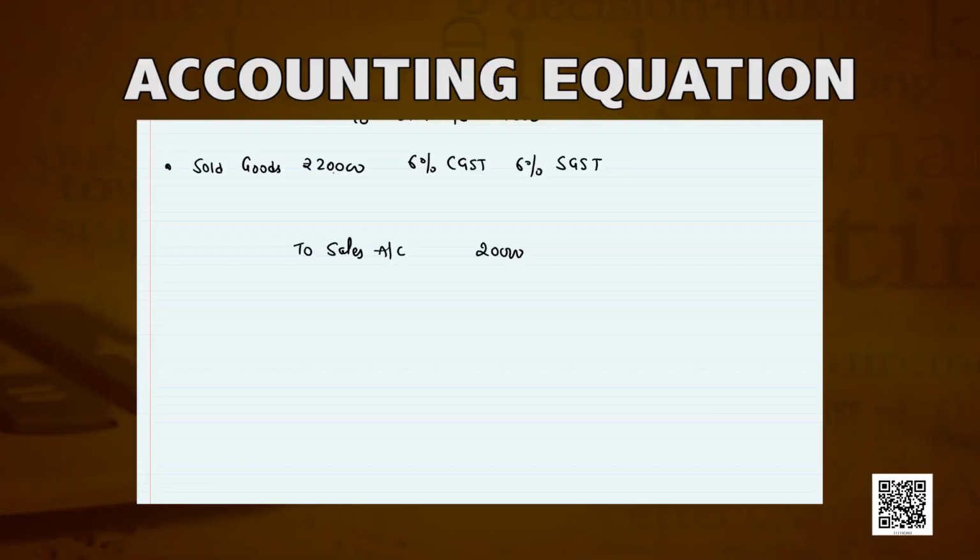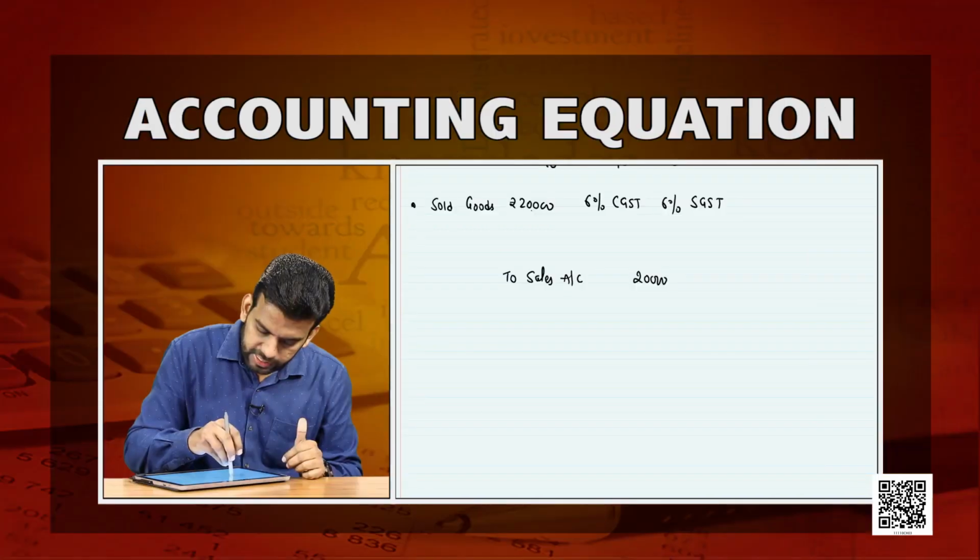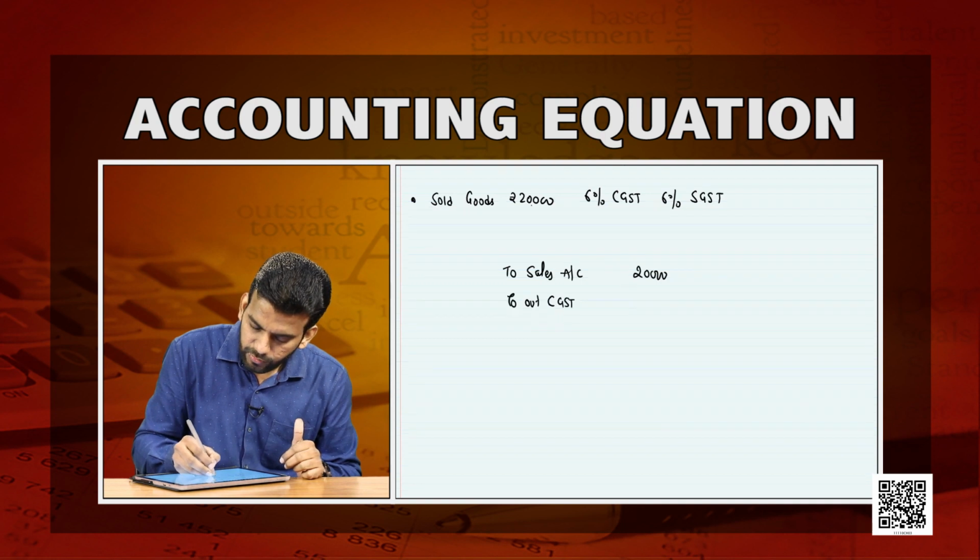Clear? In the case of purchase, we were writing input CGST, input SGST. Now, in the case of sales, we would be writing output CGST. 6% of 20,000 is 1,200, output CGST, and output SGST.